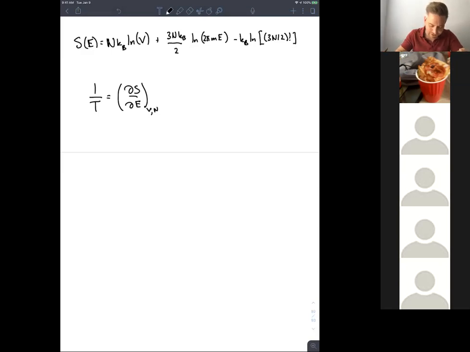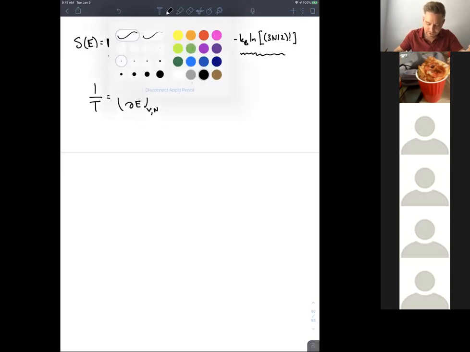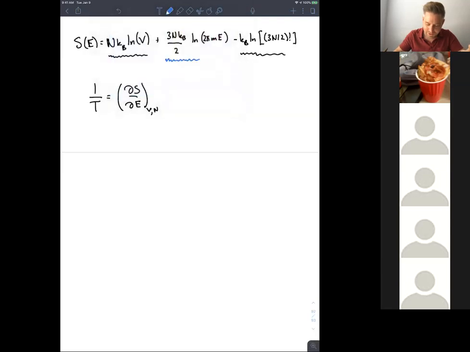So you just take this expression, you differentiate with respect to energy. With respect to energy, this first term is a constant, so that'll go to 0. The last term is a constant, that'll go to 0. So the only one we got to worry about is this term right here. When we do this, we get a bunch of constants, 3n kb over 2. When you take the derivative of the logarithm, you get 1 over the argument of the logarithm.